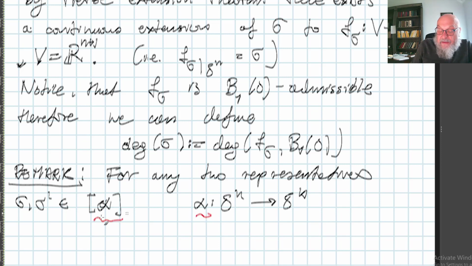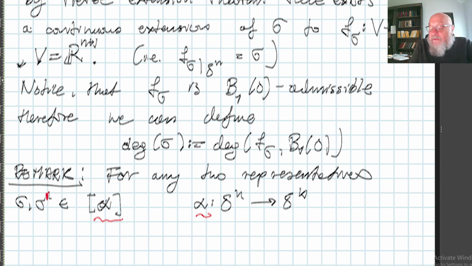So of course that means simply that alpha is homotopic to sigma. Alpha is homotopic to sigma prime. So that means they have the same homotopy class alpha, and that means we have two sigmas representing this class.